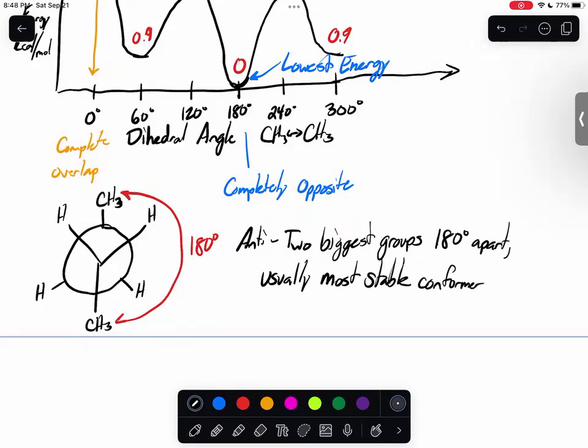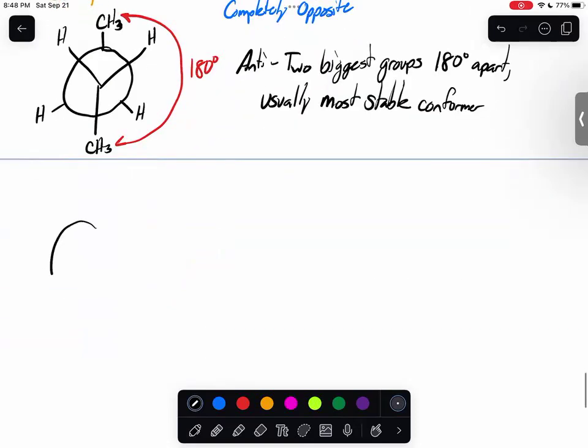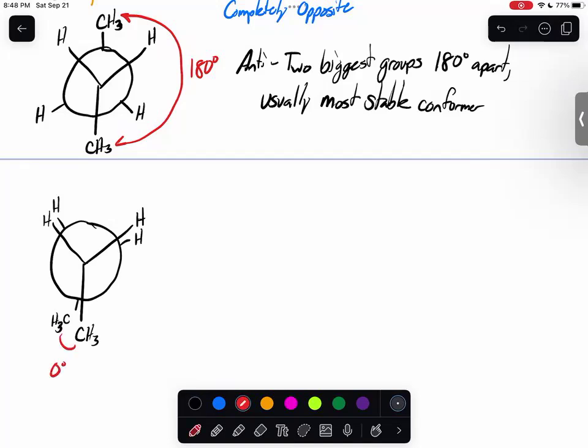This contrasts to the other conformer that we were talking about, which was the one where that dihedral angle was at 0 degrees, right? Because those two CH3s were overlapping. We call this conformer, where we have no dihedral angle, the totally eclipsed conformer, right?